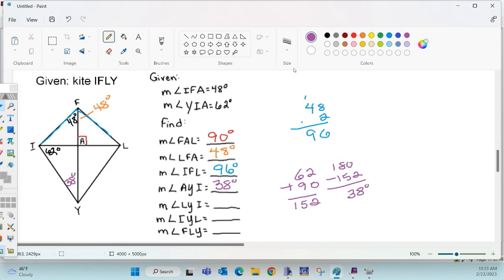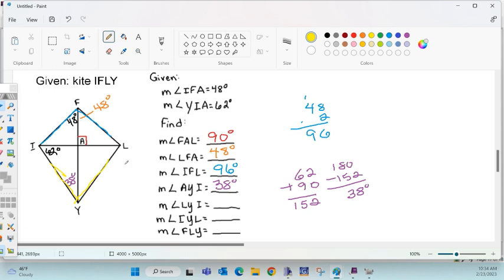LYI. So LYI coming down here and then up here. How are we going to find that one then? This is 38. Somebody different? What do you think, sir?